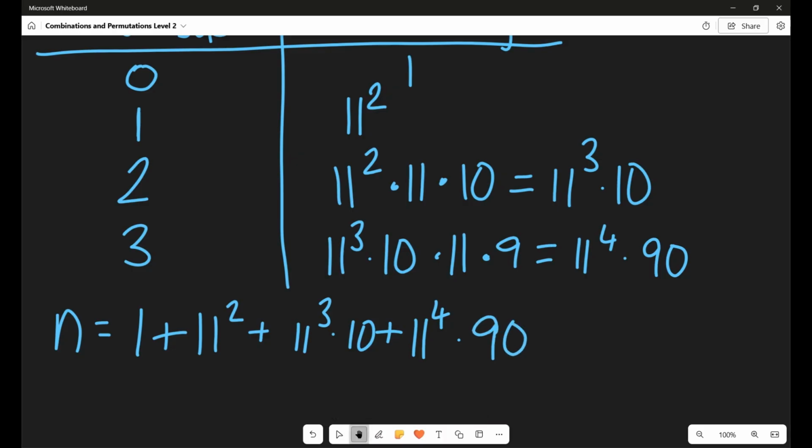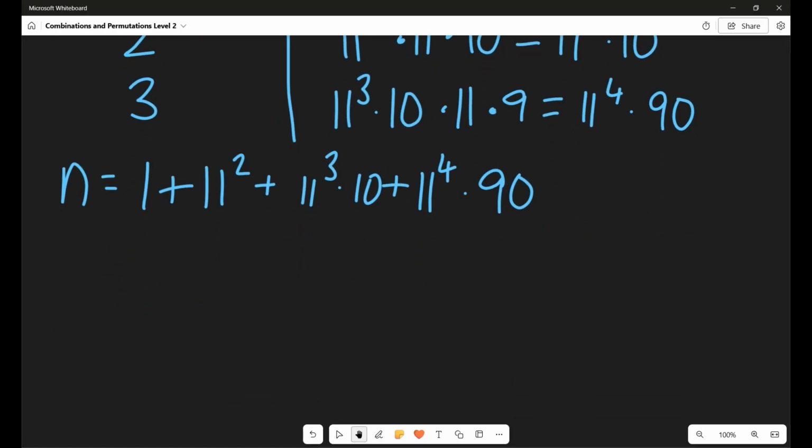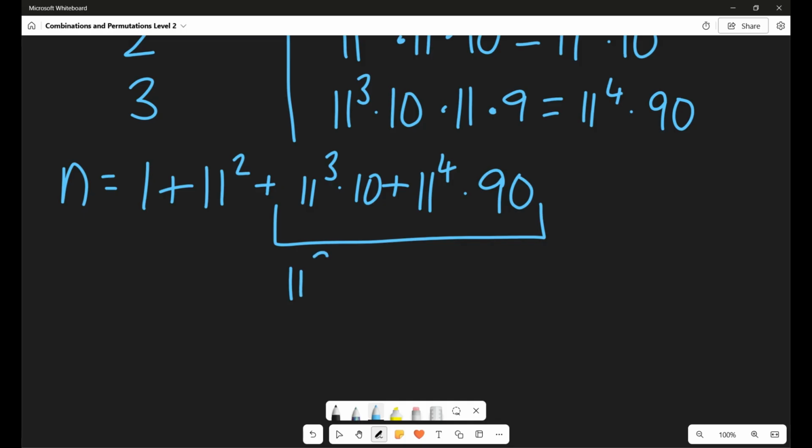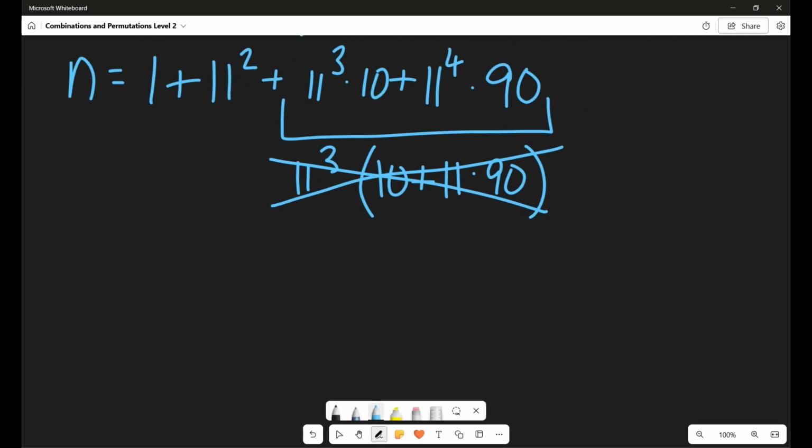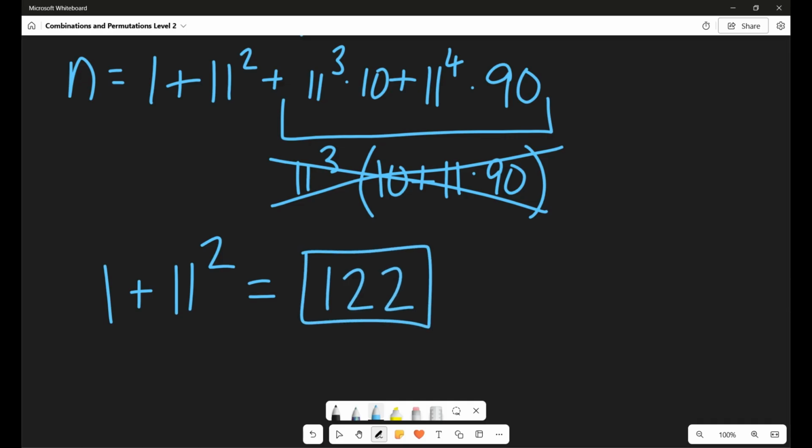Now, a little trick here for finding the remainder when you divide n by 1000 is in these last two terms factoring out our 11 cubed, because the other factor comes out to 10 plus 11 times 90, which is just 1000. So all of this cancels in modulo 1000, and all we're left with is 1 plus 11 squared, which is 122. And that's our final answer for this problem.